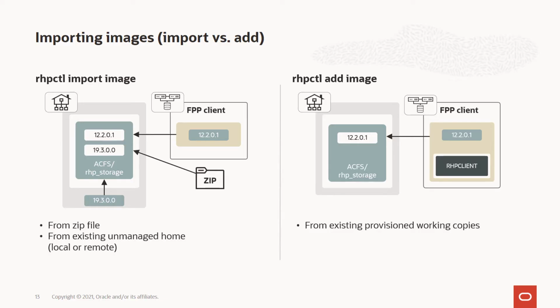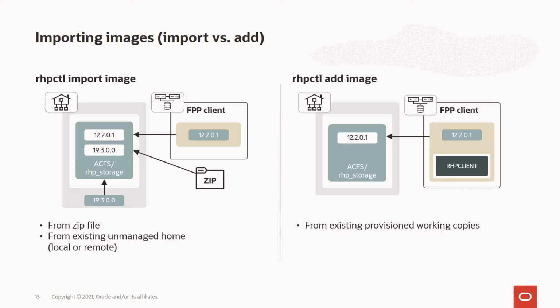By the way, we can also deploy working copies on the FPP server itself, and patch and create new gold images from the FPP server itself. And this is somehow what we recommend, because when you centralize the creation and patching of images only on the FPP server, you have full control of what is happening.